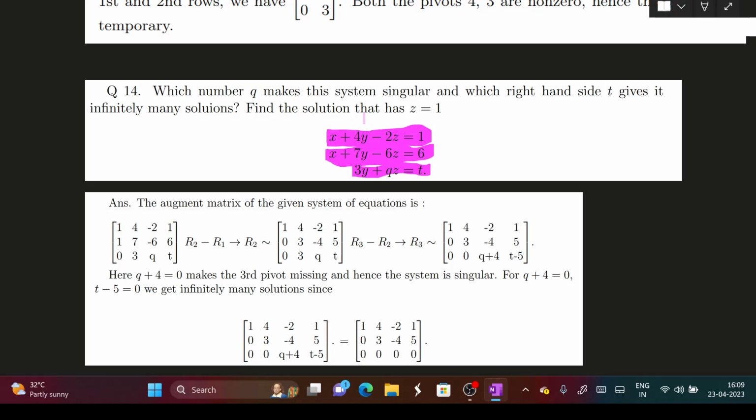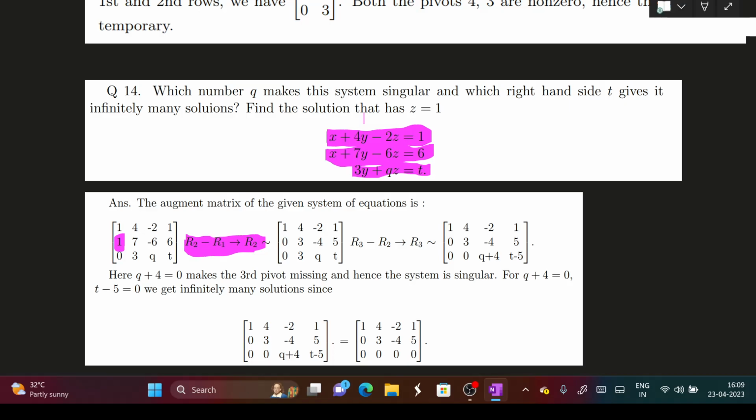This is my system of equations. Here, already the first variable is eliminated from the third equation. Only I have to eliminate this. The corresponding augmented matrix is this matrix, and here I have to eliminate this variable. For which R2 minus R1 stored in R2, this operation will be sufficient.